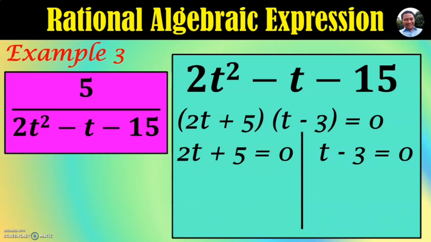T minus 3 is equal to 0. Transpose positive 5 to the other side of the equation, negative 3 to the other side of the equation. Then we now have t is equal to negative 5 halves and t is equal to 3. So the replacement values of the variable are 3 and negative 5 over 2.